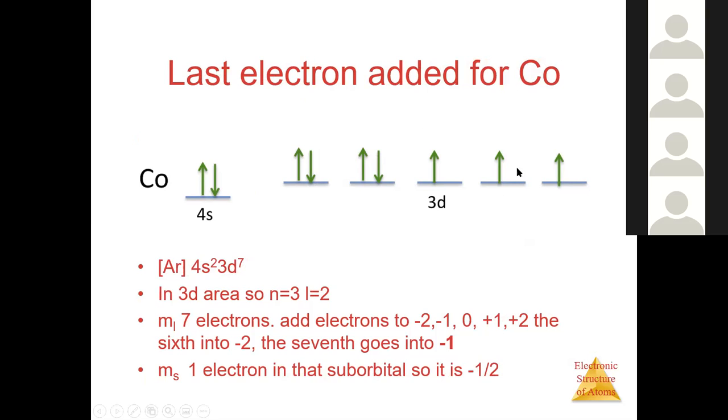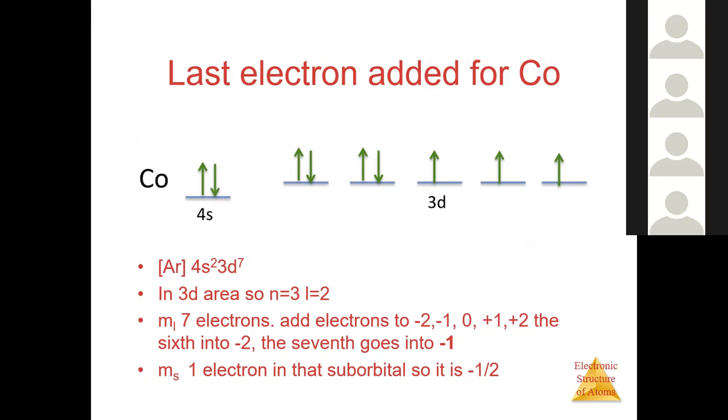Then I have to add them to already half-filled suborbitals, so I get a down one and a down one. Again, we are marking the orbitals as -2, -1, 0, +1, +2. This is the last electron that went in.